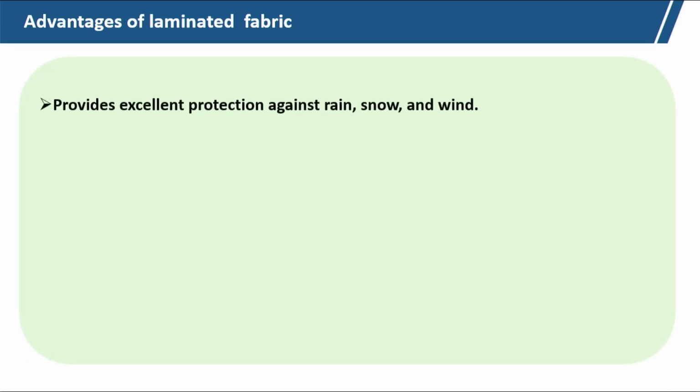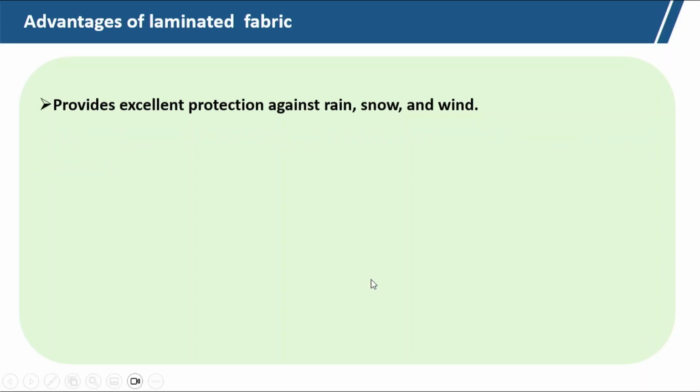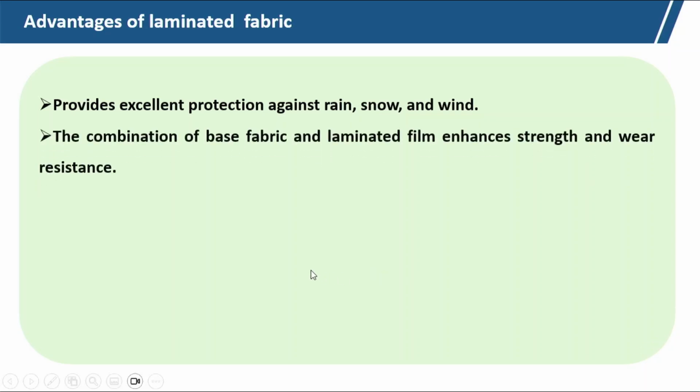The advantages of laminated fabrics are that it provides excellent protective performance against rain, snow and wind. So, for all these applications we need some lamination. The combination of base fabric and laminated film enhances the strength and wear resistance.